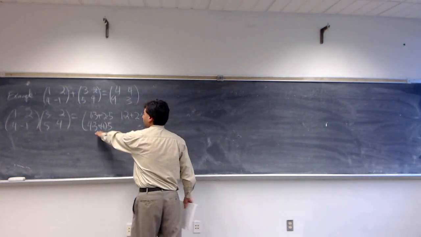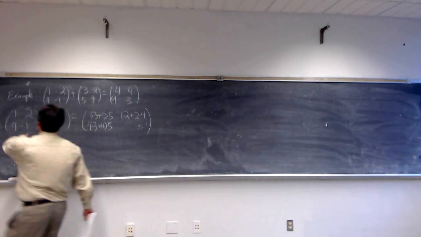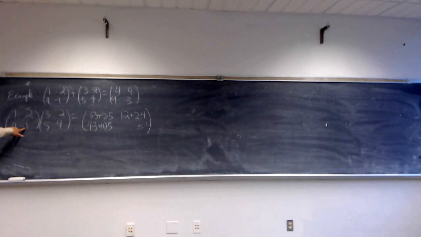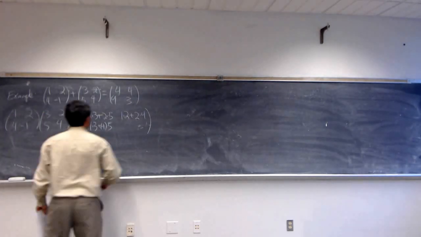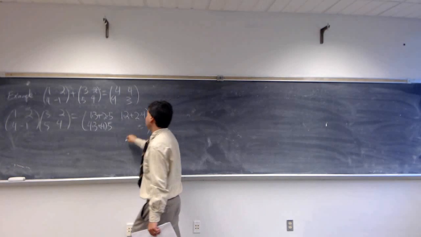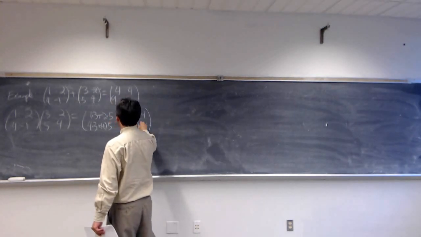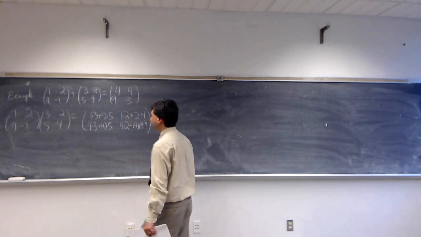So how do you find the second row, first column of the product? It's the dot product of the second row of the matrix on the left with the first column of the matrix on the right. And similarly, second row, second column is the dot product of the second row of the matrix on the left and the second column of the matrix on the right. So 4 times 2 plus negative 1 times 4.